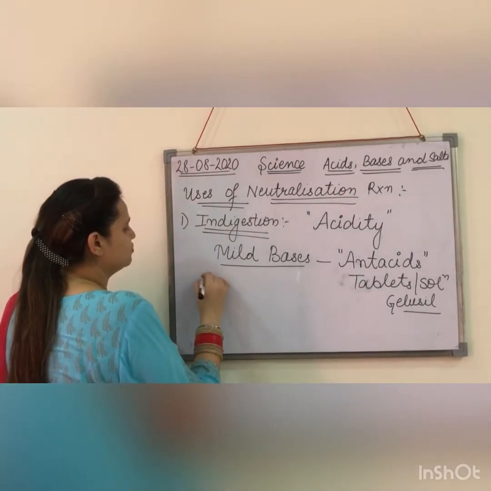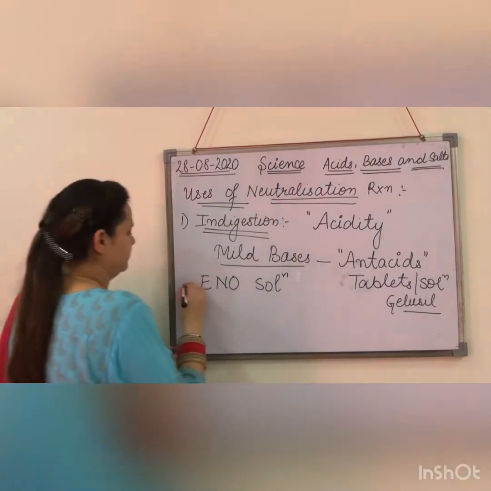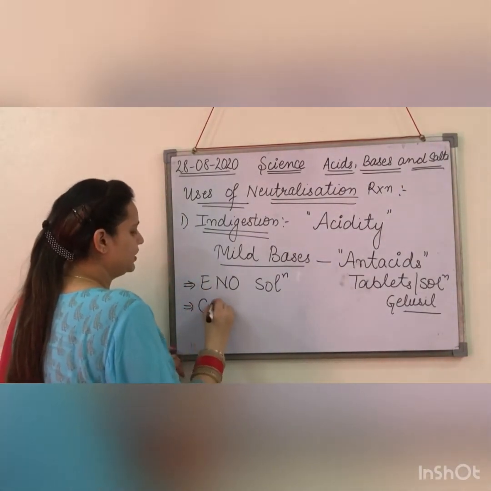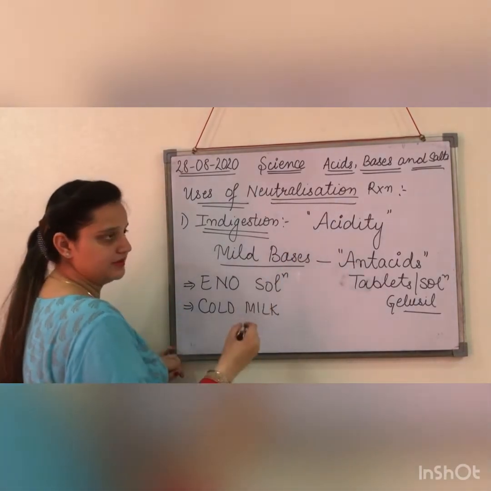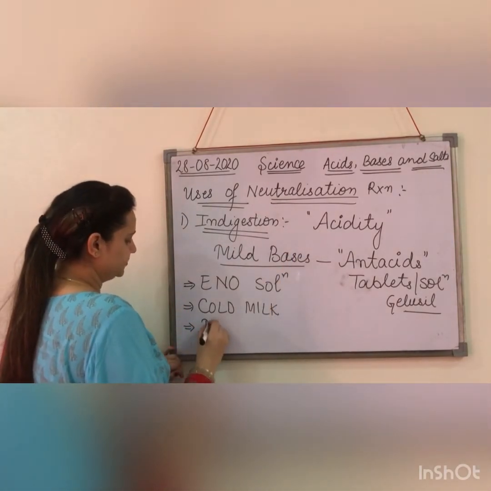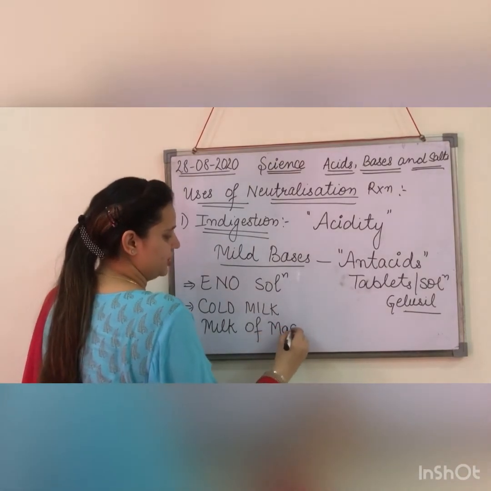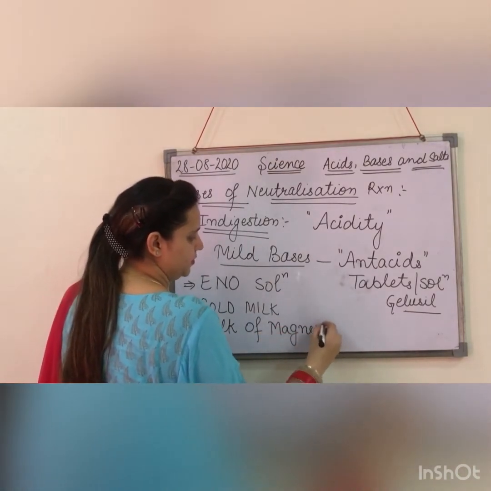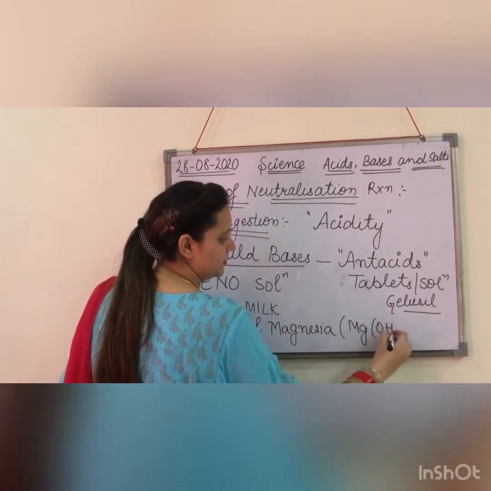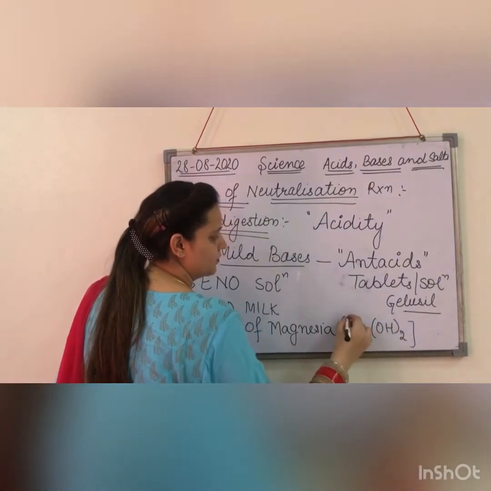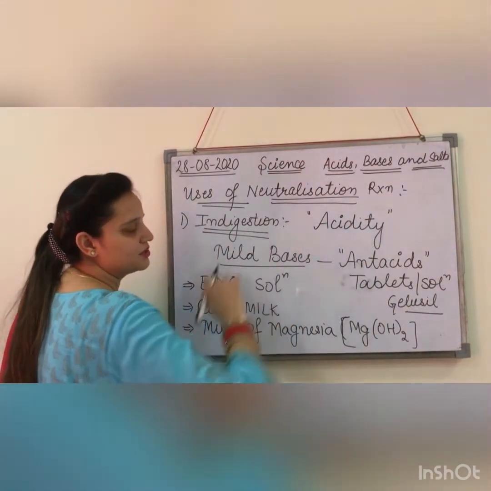We use Eno solution also. Cold milk is also effective when you are having acidity problems. Milk of magnesia, that is magnesium hydroxide, can also be taken when you are having acidity problems.